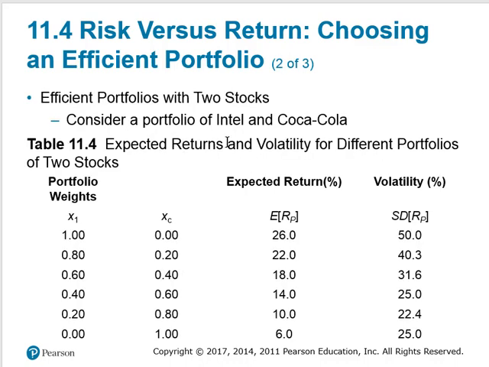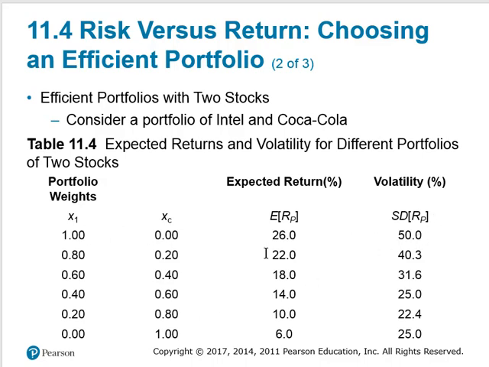We have two stocks, Intel and Coca-Cola. We're going to create portfolios. The very first portfolio, all of the money is invested in Intel, and the other portfolio is invested in Coke. The expected return of that portfolio is 26%, and its volatility is 50%.